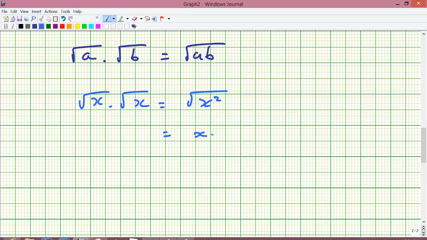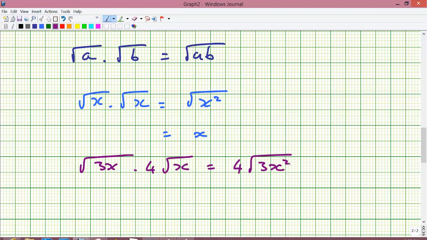There are other problems we can do. Root 3x times 4 root x. Obviously we combine those values which are inside the radical and leave the ones outside on their own.